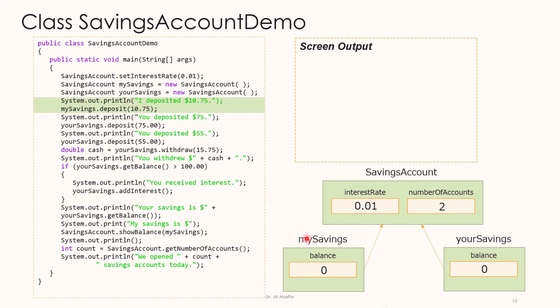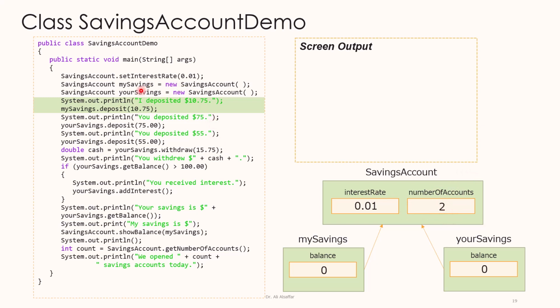So now we have two objects. One is called my savings, the other one is called your savings. Each of these objects has its own balance value. So this balance is different than this balance in these two objects. And also notice that number of accounts has increased by 2. Why?